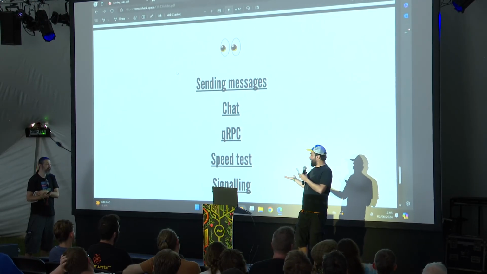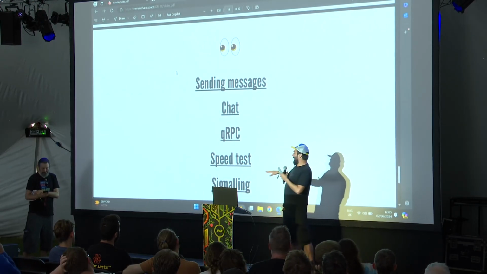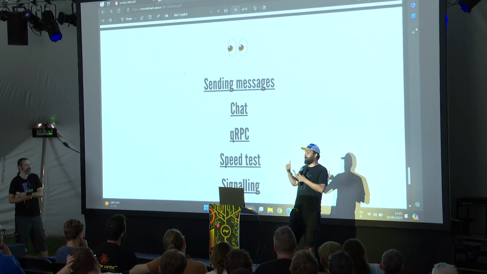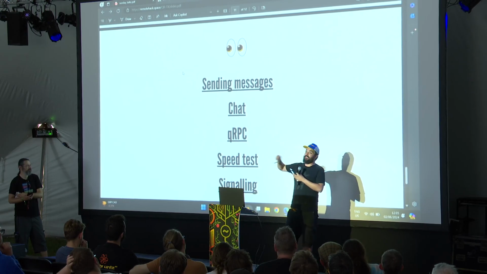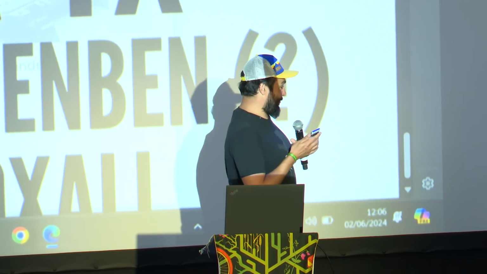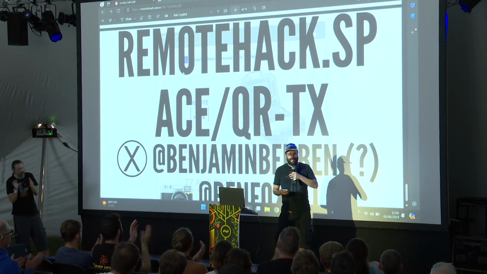So it's not very fast compared to broadband. And then the last one is signaling. That gives this demo of it using that QR code socket to negotiate a WebRTC connection between the two devices, so you then get a high-speed connection, which is kind of fun. But yeah, I don't really have time to do that, but thank you very much for bearing with my laptops and all that kind of stuff.